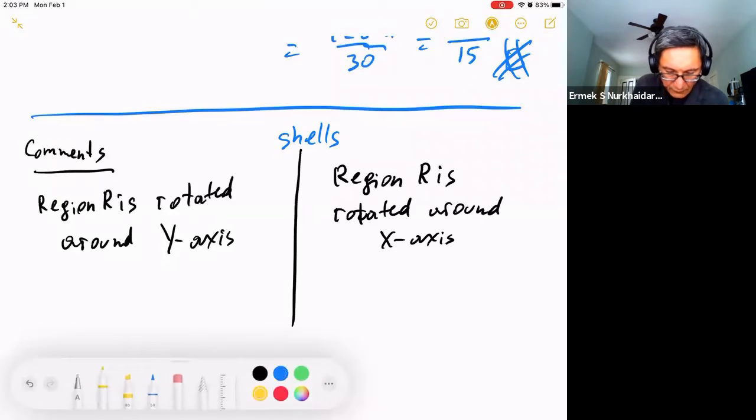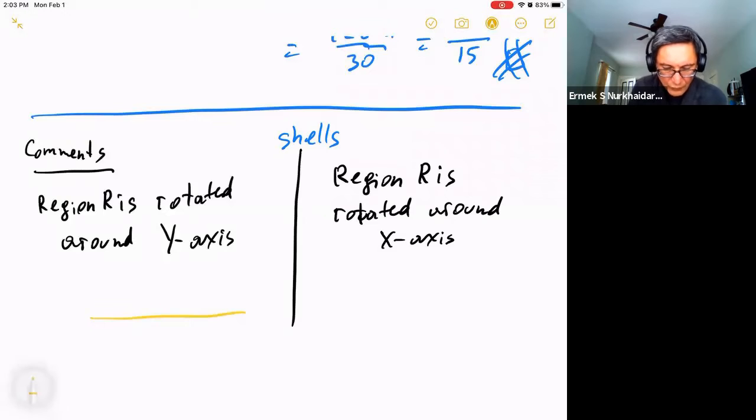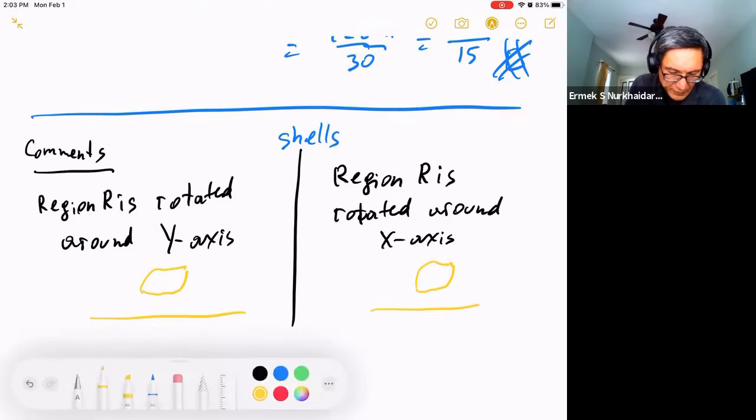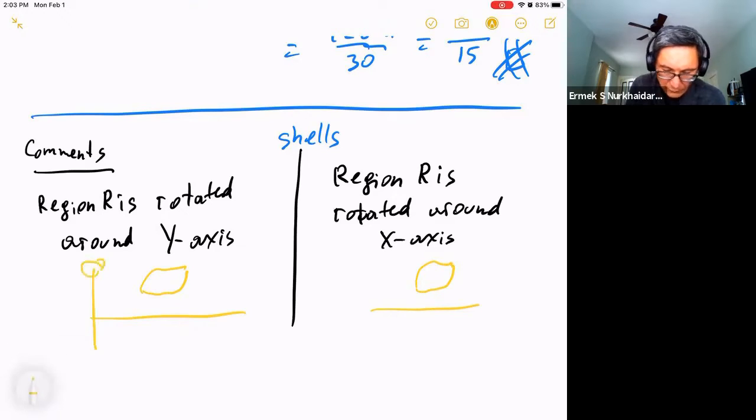So let's draw a picture. Okay, so we have a region. And for the first case, the axis of rotation is here. The second, the axis of rotation is here.